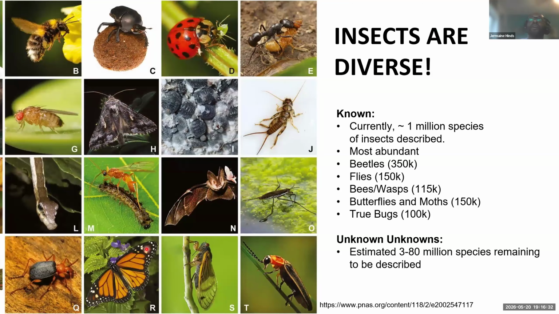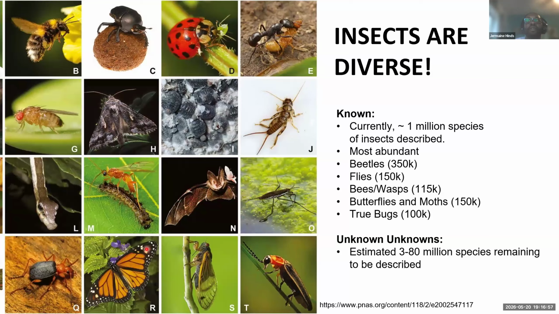Insects are very diverse. They're one of the most diverse animal groups we know of. There's over 1 million different species of insects. It's the most abundant animal group. Almost 600,000 species are just within bees, flies, and wasps.